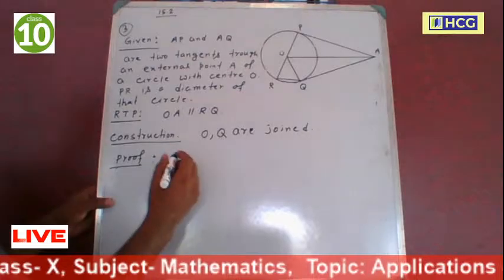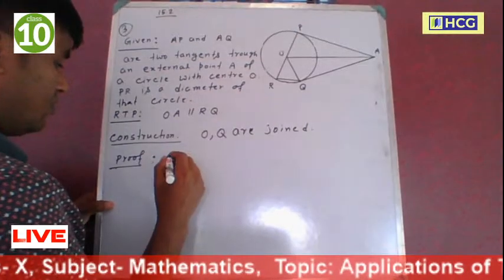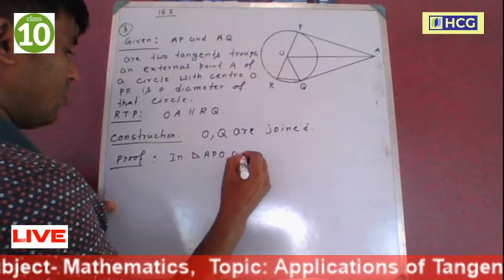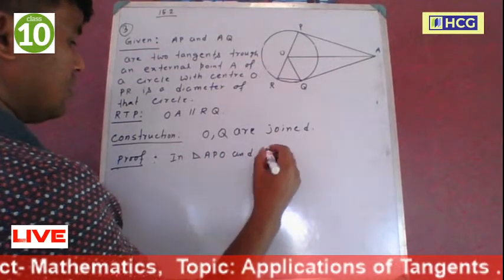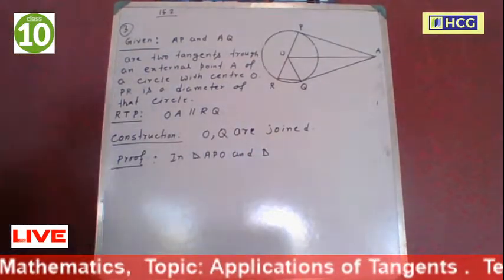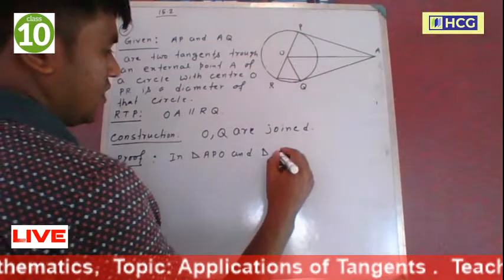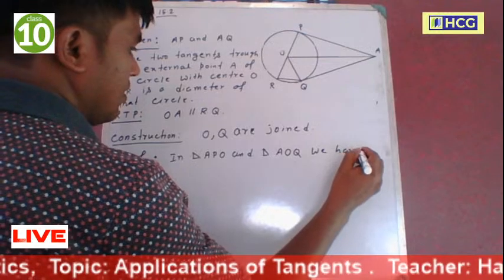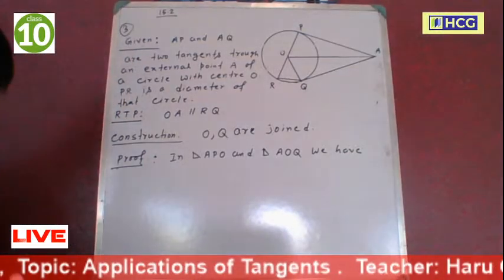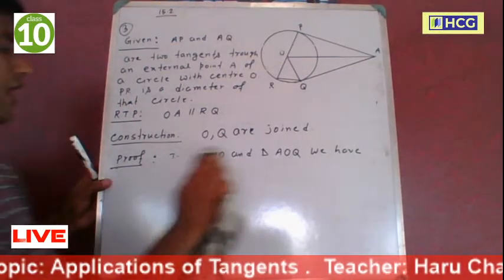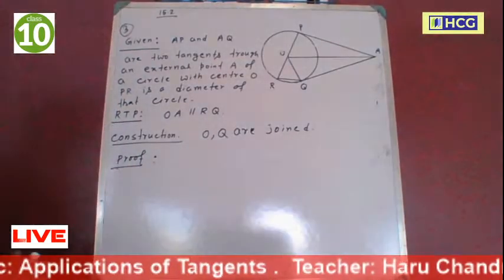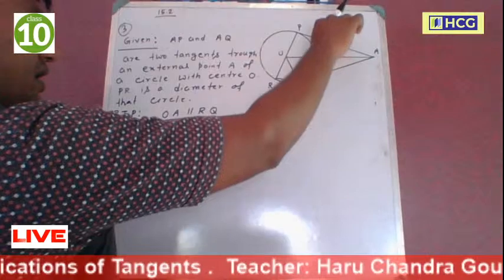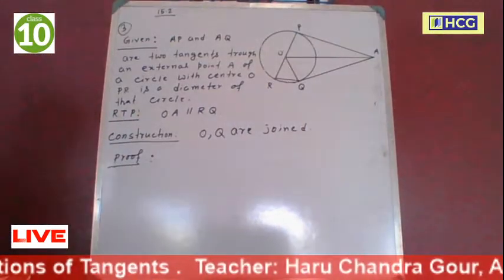Here in triangles APO and AOQ, we have, according to the previous theorem, the lengths of two tangents are equal and they subtend equal angles at the center.